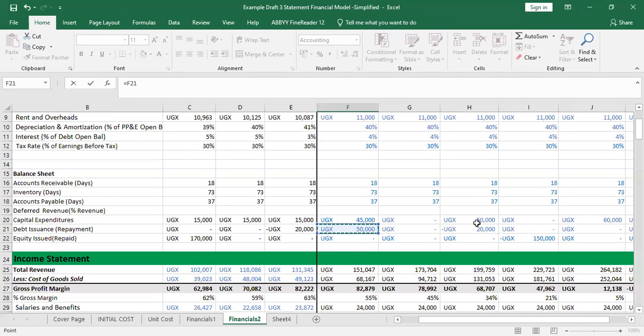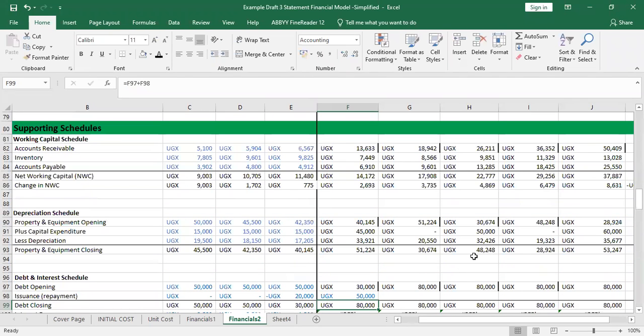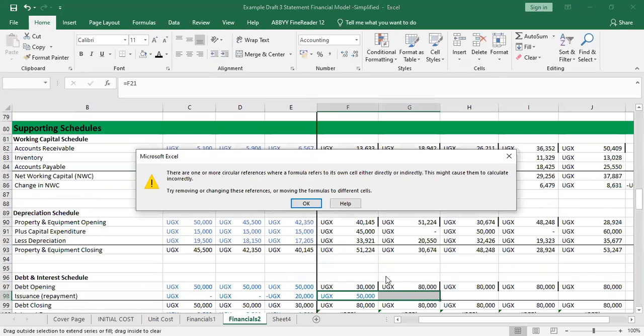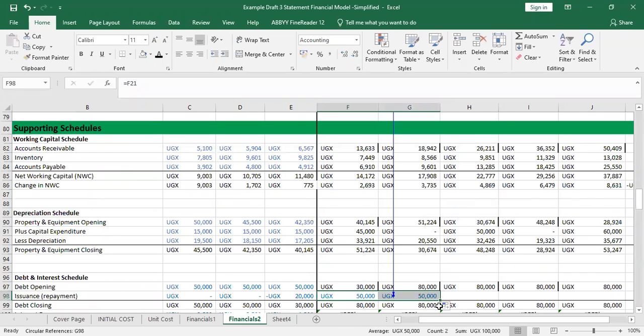Where's F21? Okay. And let me first remove this. Where's the 50 coming from?